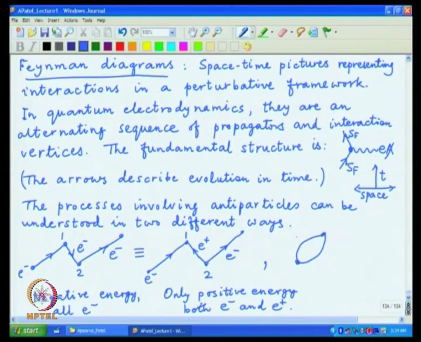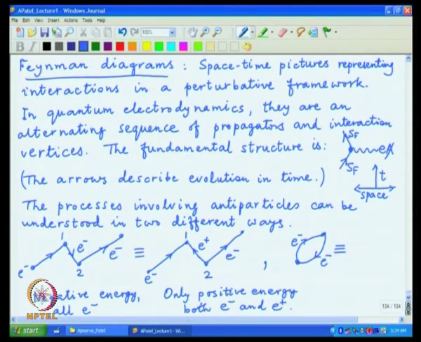It could be either an electron going around in a loop with two interactions, and this is certainly allowed because the interaction can absorb the energy to convert a positive energy particle to a negative energy particle.